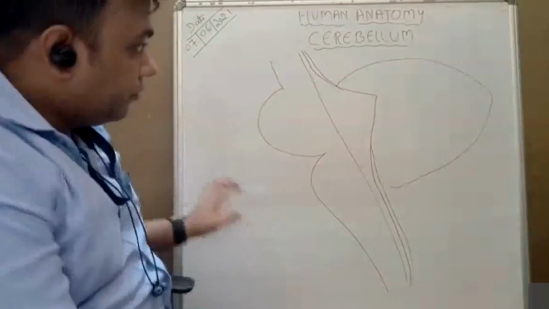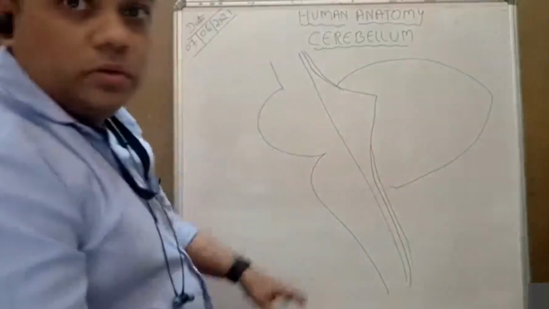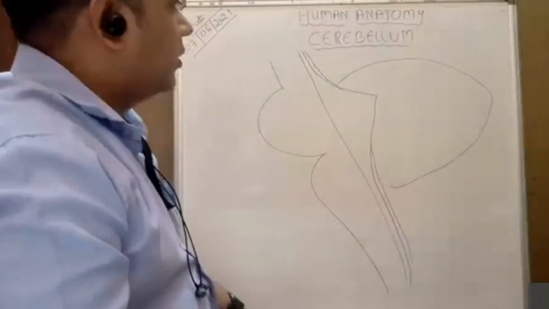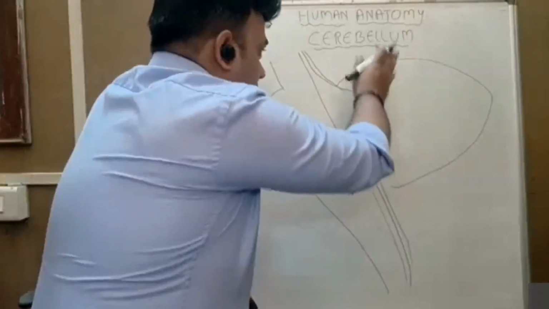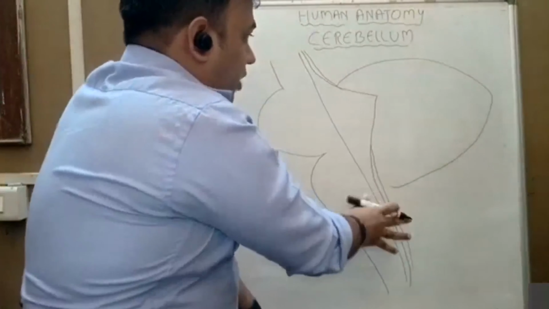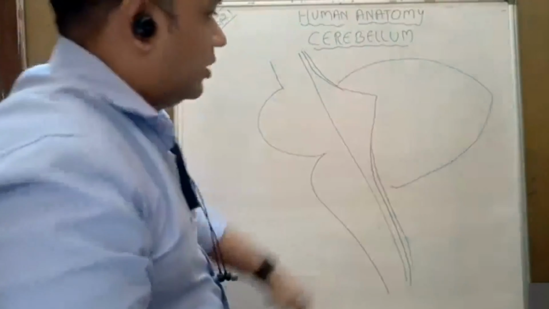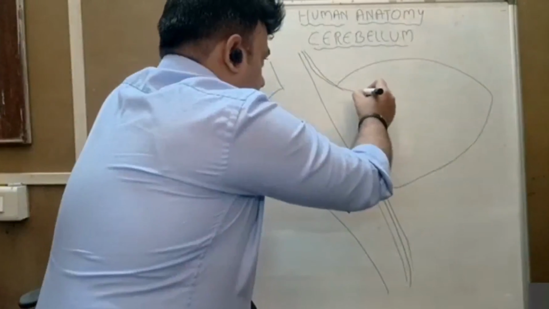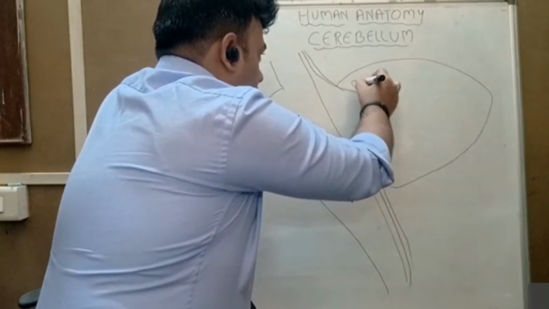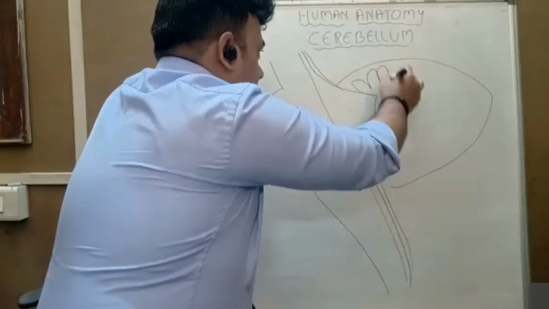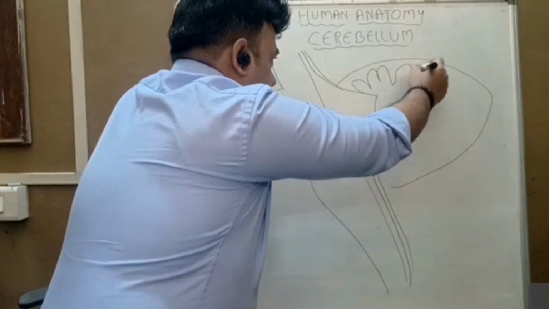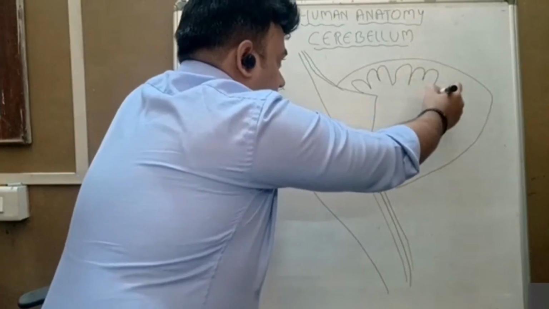Okay. So this is the cerebellum. So we'll see when we take the sagittal section of the cerebellum. Its median portion is known as the vermis. It comes like that. So there the first lingula is there, culmen and other parts are there.